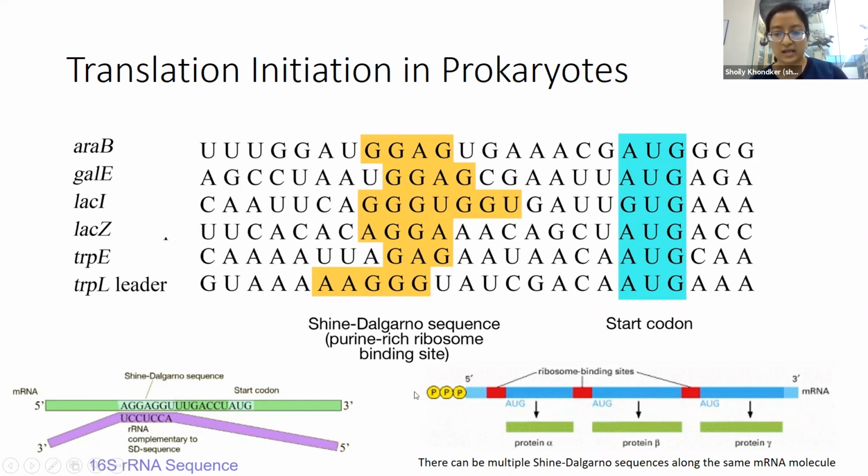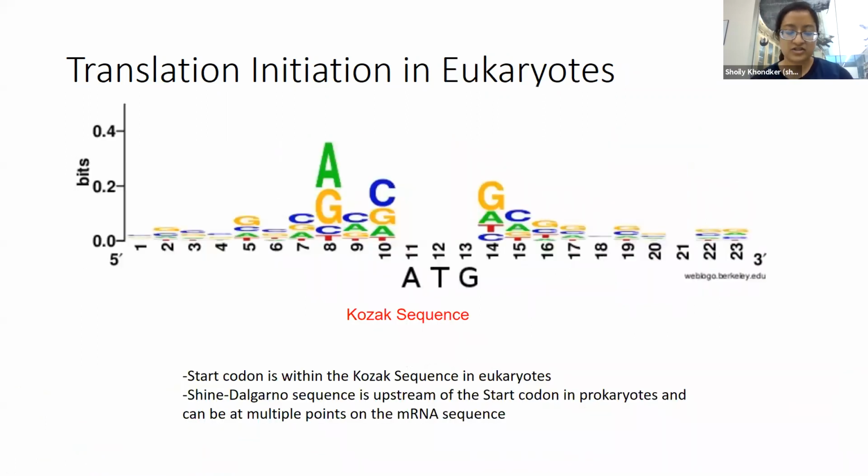A single mRNA molecule in a prokaryote can have multiple start codons and multiple ribosome binding sites, or SD sequences. This is not the case in eukaryotes. In eukaryotes, the recognition sequence for the ribosome is called the Kozak sequence.